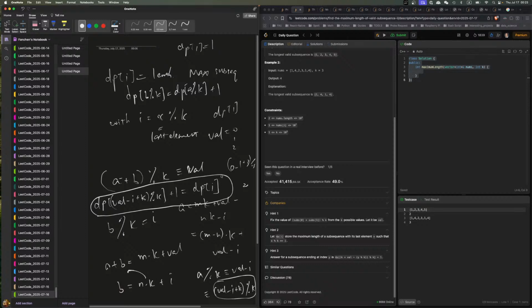So basically, yeah, dp. dpi. Right. So it has to be dp2, right? dp2 plus 1. But we don't have a dp2. We don't have a dp2. Or what we should do is consider 2, right?